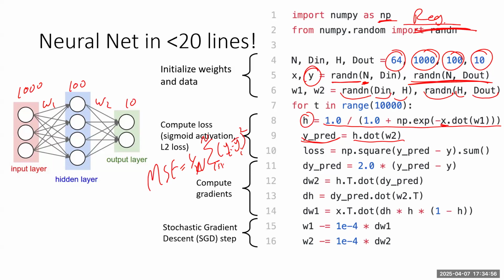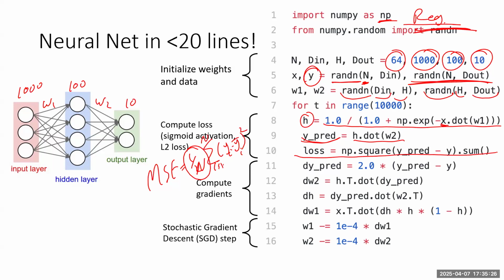So y predicted minus y, square and sum. The only thing that we remove from here is 1 over n, because 1 over n is what? A normalization term. This does not affect anything in the calculation. I'm just normalizing, dividing by a constant. So this will be my loss value.